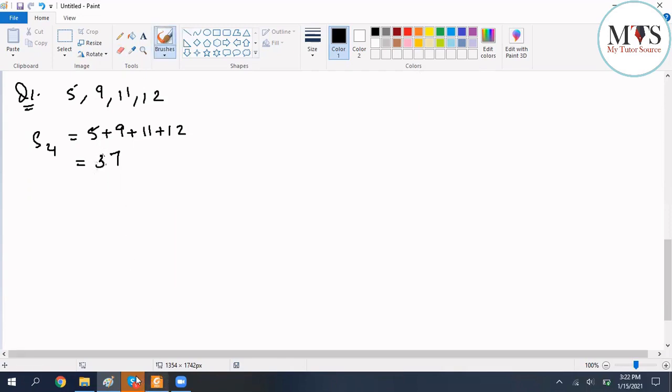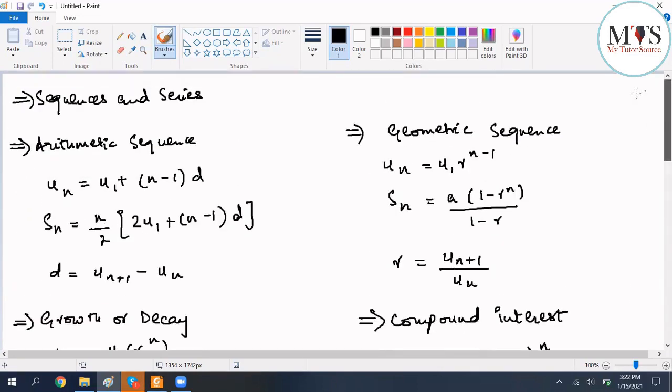Now you must be wondering, if we can just add the terms, why are we using these formulas? The thing is, it's not always the case that they would say S4, S3, S6, the number of terms that are already given in the sequence.